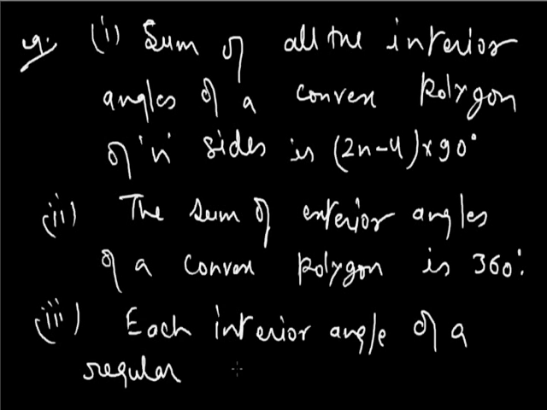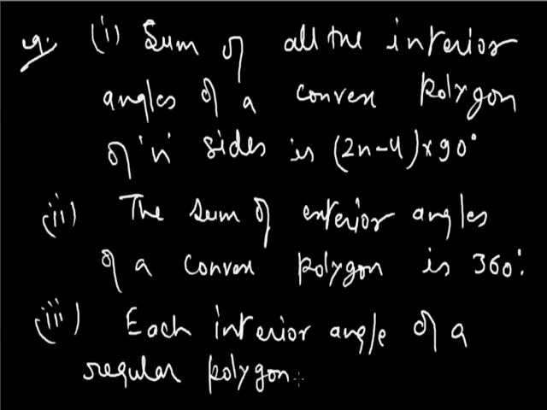Now you can see that the sum of all the interior angles of a convex polygon having n sides is 2n minus 4 multiplied by 90. And by the definition of a regular polygon, we know that all the interior angles are equal if it is regular.